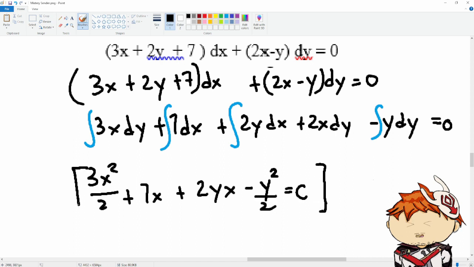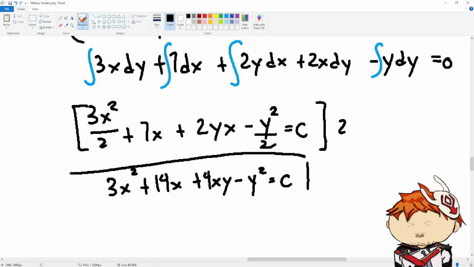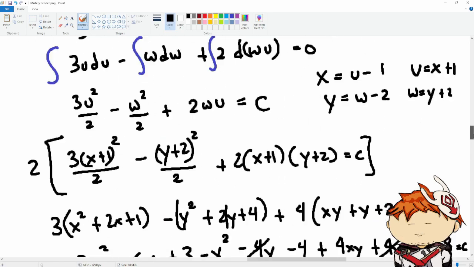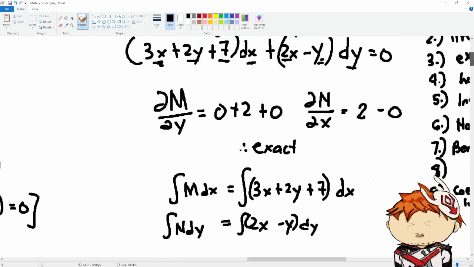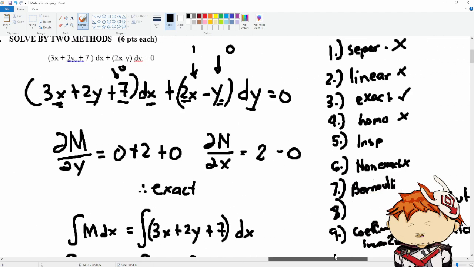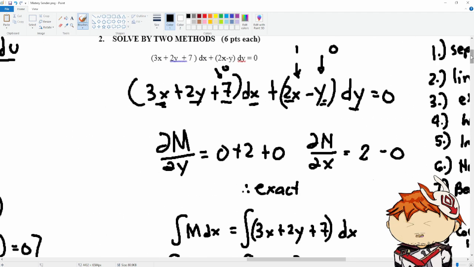And this is simply our exact differential before simplifying: 3x squared plus 14x plus 4yx minus y squared is equal to c. Same answer. Nice. So we solved it via 3 methods: inspection, inspection with coefficients linear in 2 variables, and exact.